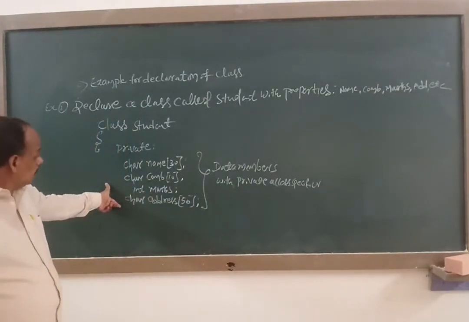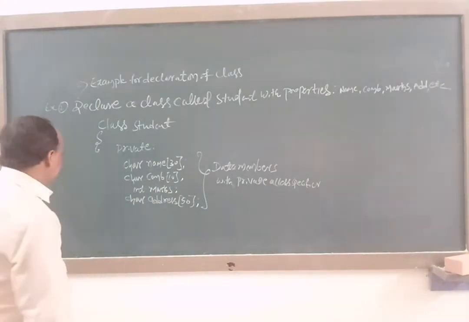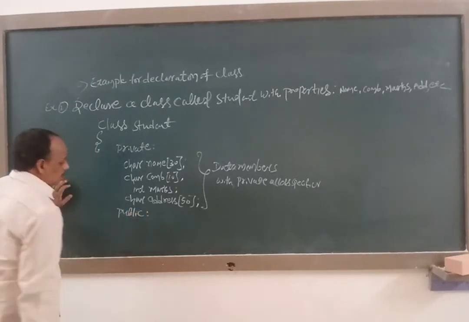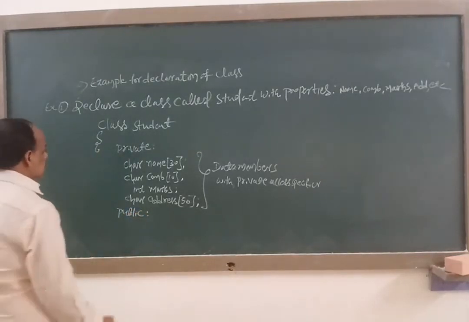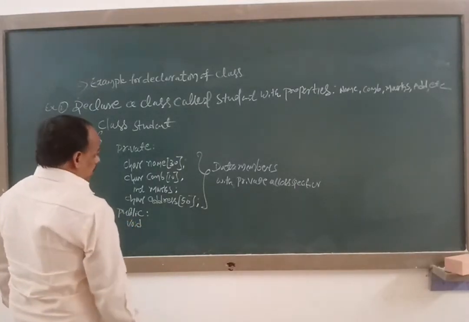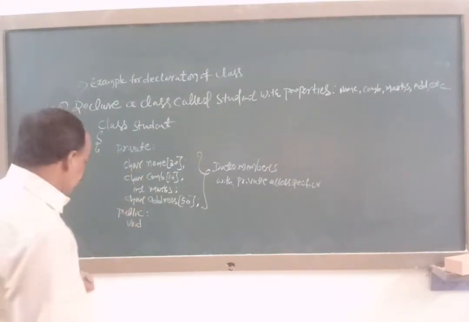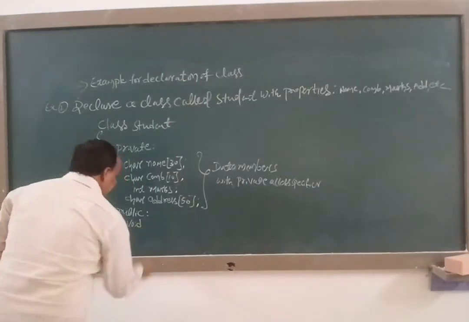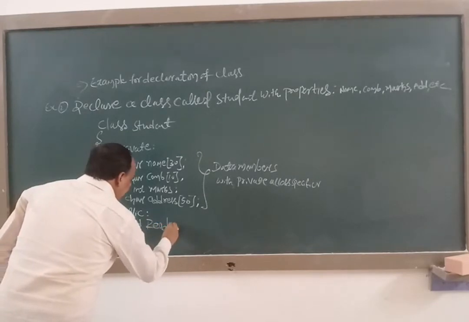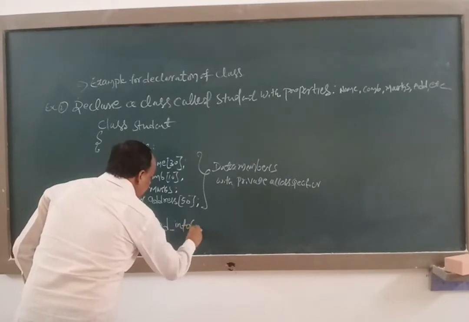Now, in order to accept them and display them, we have to write member functions, right? So write public, and consider member functions like void read info function, to accept the student information.